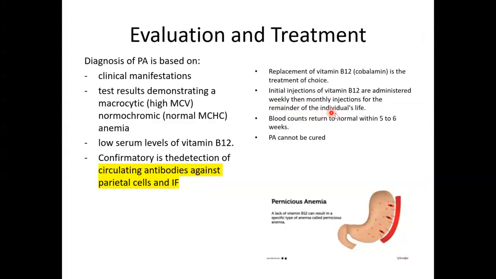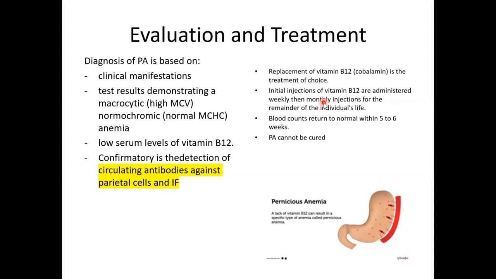And it says for the remainder of the individual's life. Yes, if they have the antibodies. If they're positive for the antibodies against these two cells here, yes, they will get these injections the rest of their life. If these are not positive and it's just a deficiency, once their B12 levels come up, we can stop the B12.